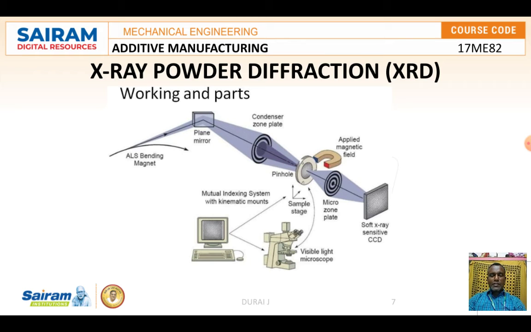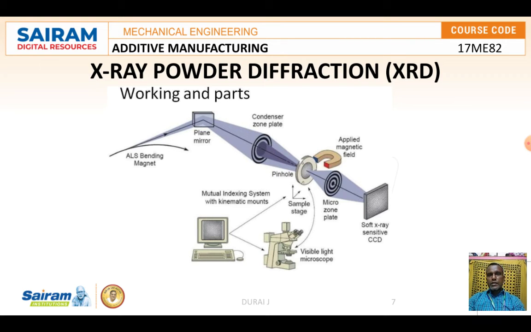The diffracted X-rays are then detected, processed and counted by scanning the sample through a range of 2 theta angles. All possible diffraction directions of the lattice should be attained due to the random orientation of the powder material.